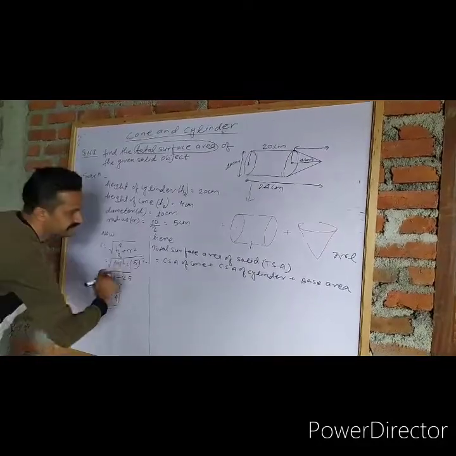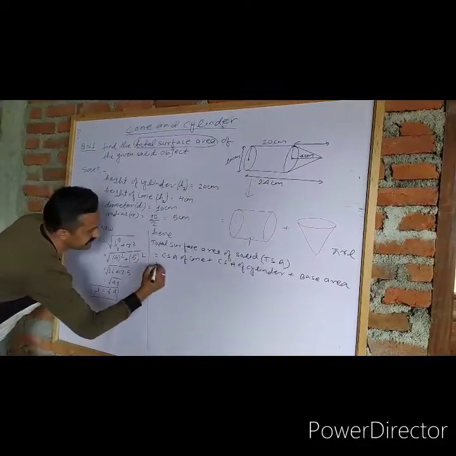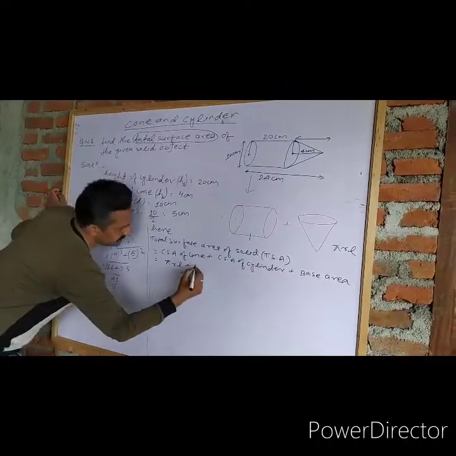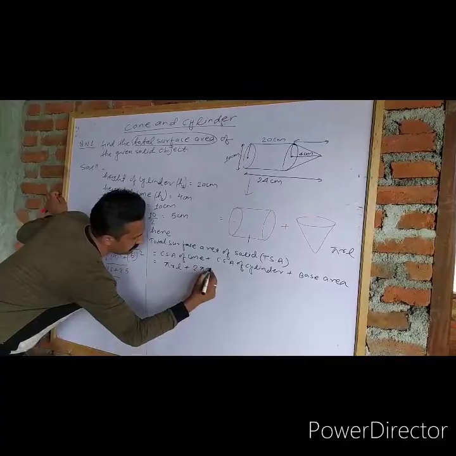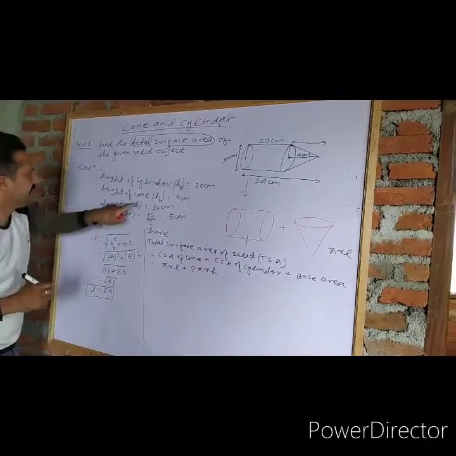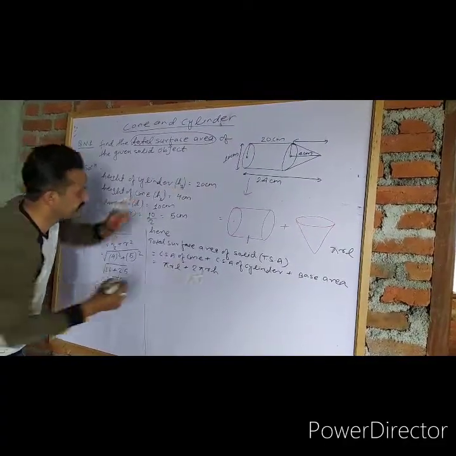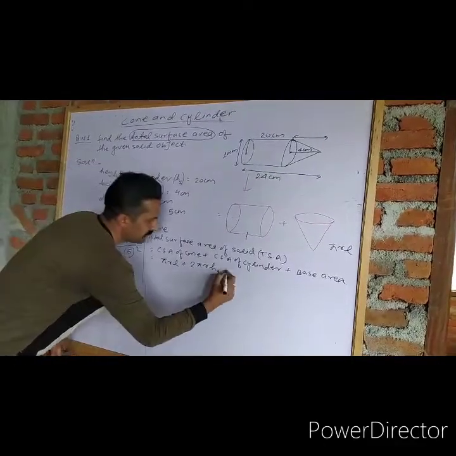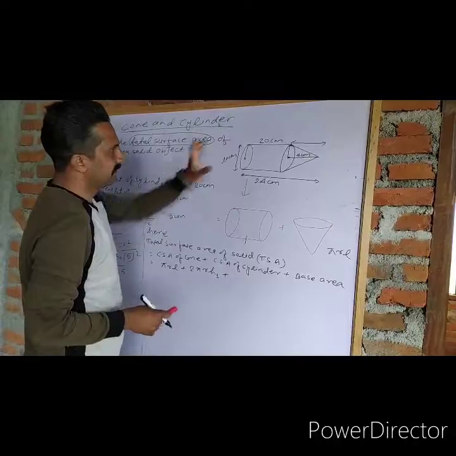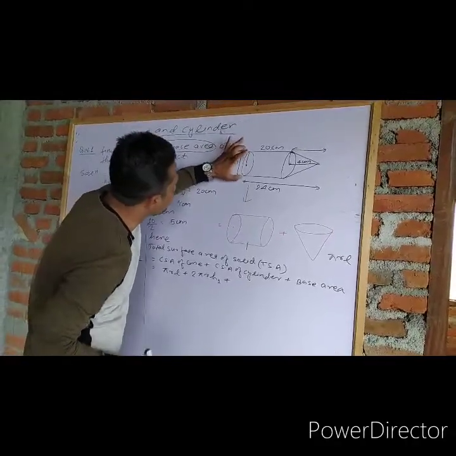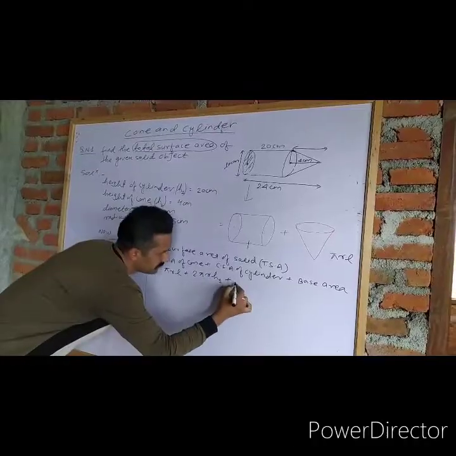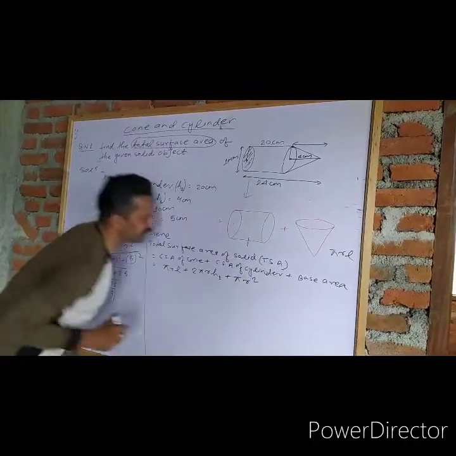Now, by using formula, CSA of cone is pi r L, CSA of cylinder is 2 pi r h, height of cylinder here is h1, so right here h1, plus base area. In the given solid, here base area is circle. So right here area of circle formula.